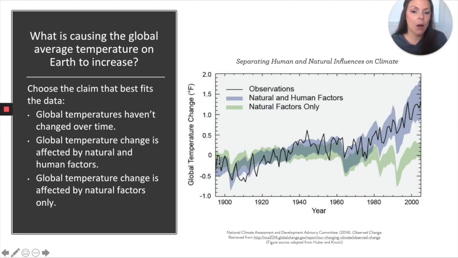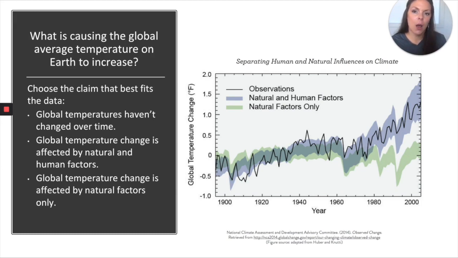And so I can almost draw a straight line from the year 1900 all the way over here to the year 2000 and include all of that green shaded data so that those natural factors are pretty consistent over time. They stay the same. But the human influences, those human factors, those are changing.